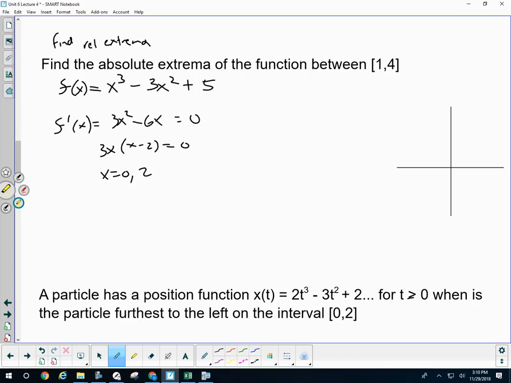Now, since I have this interval from 1 to 4, on my number line, I'm not going to include 0. I'm literally saying, hey, we're just focusing on 1, and we're focusing on 4 as our start and our end.